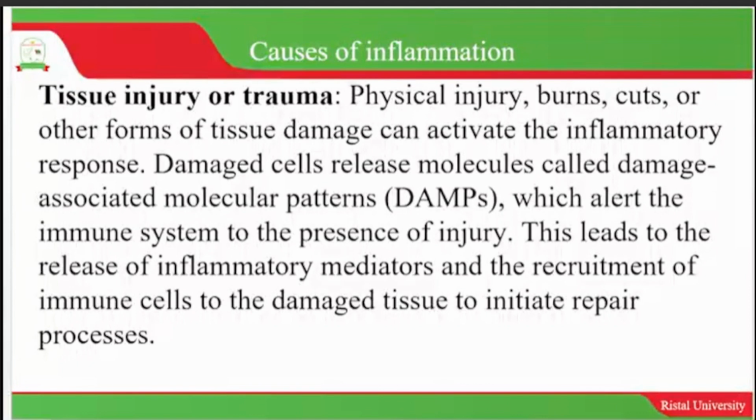Another cause of inflammation could be tissue injury or trauma, where physical injury like burns, cuts, or other forms of tissue damage can activate the inflammatory response, where damaged cells release molecules called damage-associated molecular patterns, the ones we can abbreviate as DAMPs, which alert the immune system to the presence of the injury.